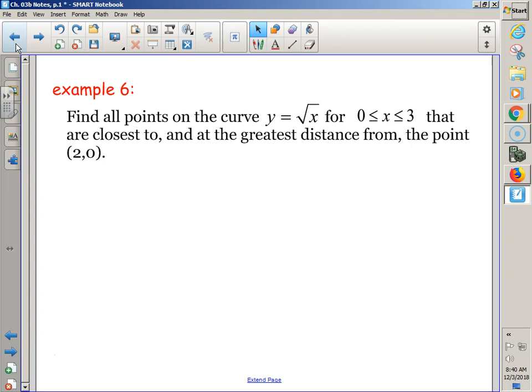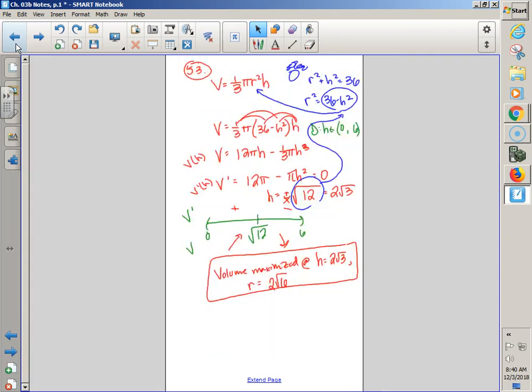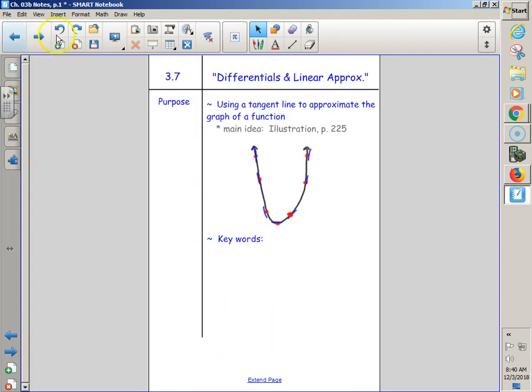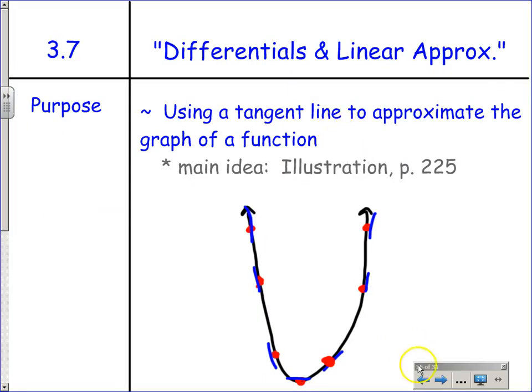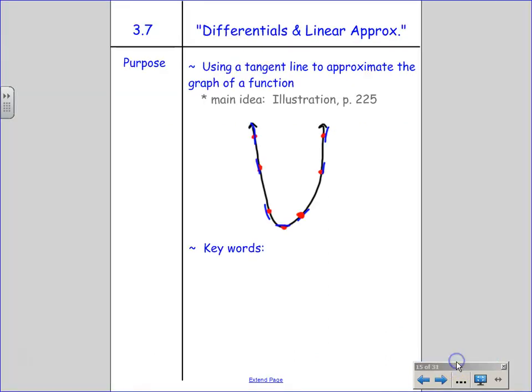Sorry, closest, farthest, greatest distance, least distance. We've left this one off. This is what we're going to do as homework spiral together, I think, tomorrow. But we're going to grade the rest of homework also tomorrow. But right now, let's at least get the idea of the next section. 3.7, there we go. Differentials and linear approximation.